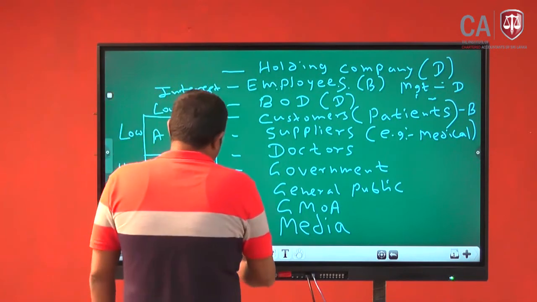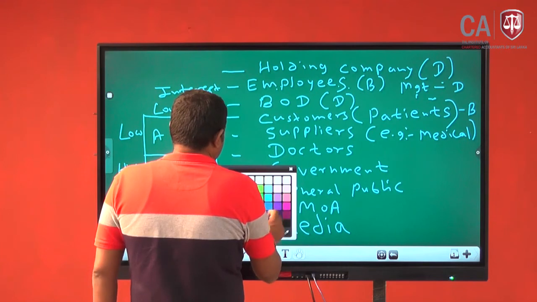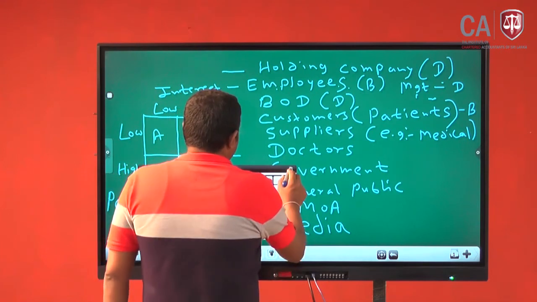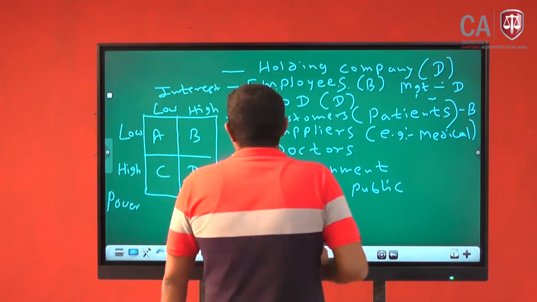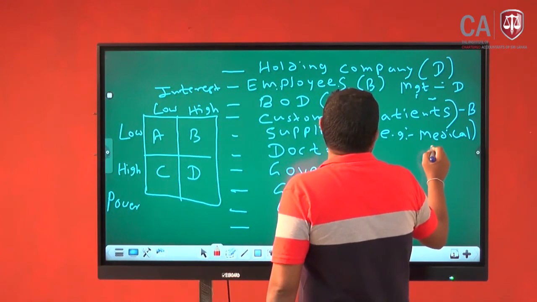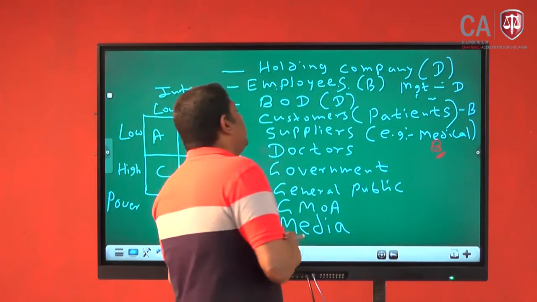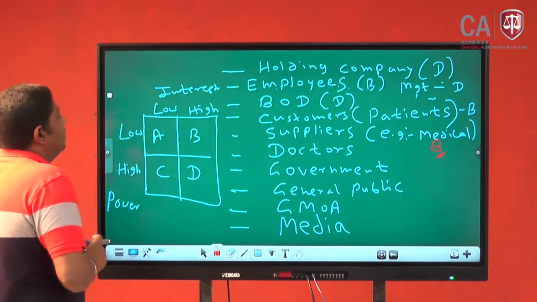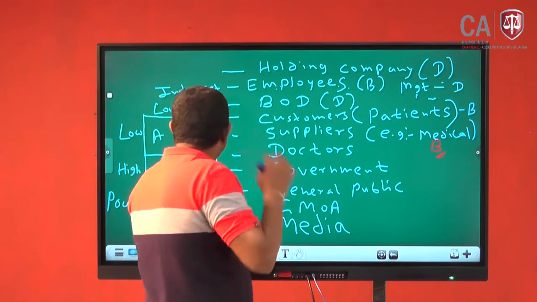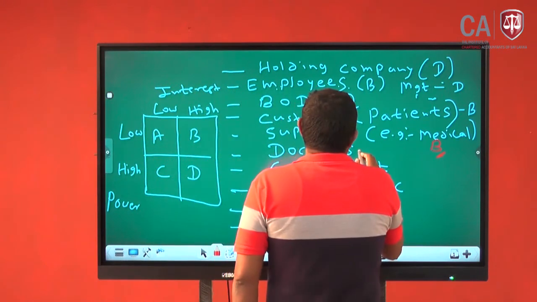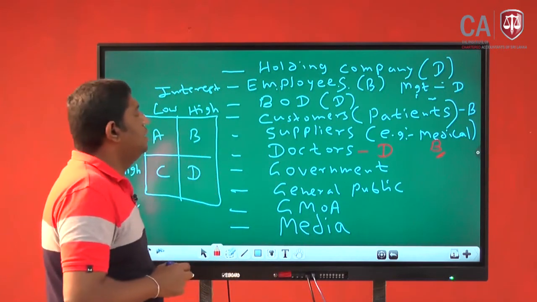Suppliers, I will say small suppliers may be B. Doctors, possibly the key doctors may be D, but you may argue they are B. It depends on your argument.